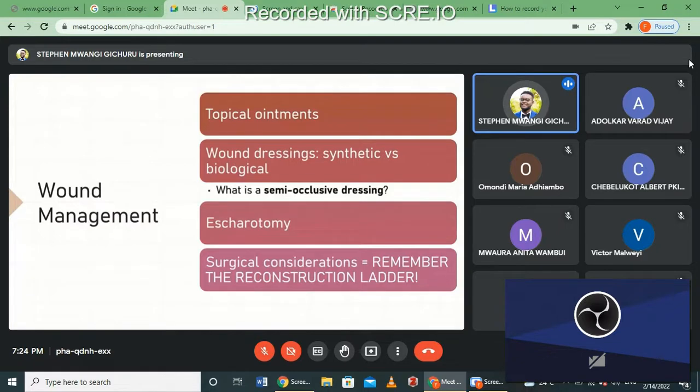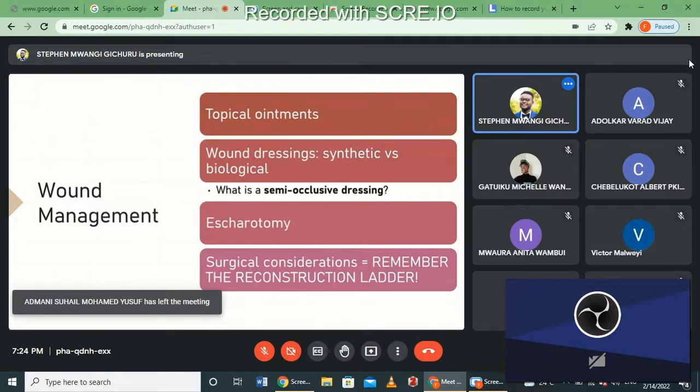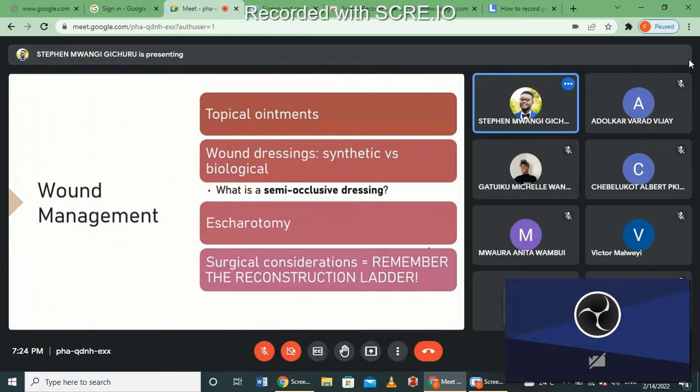Does anyone know what a semi-occlusive dressing is? Mayaba, Humphrey, what is a semi-occlusive dressing? Gideon Nyakundi. Not really. Someone is on the right track.